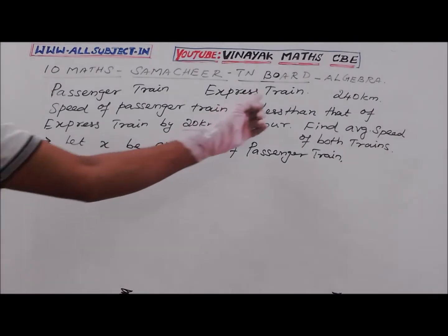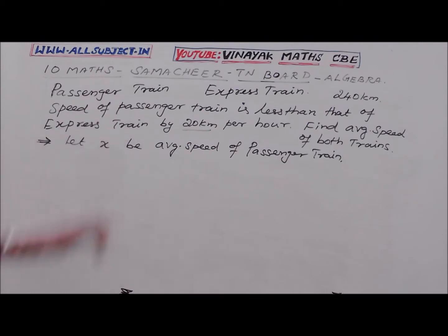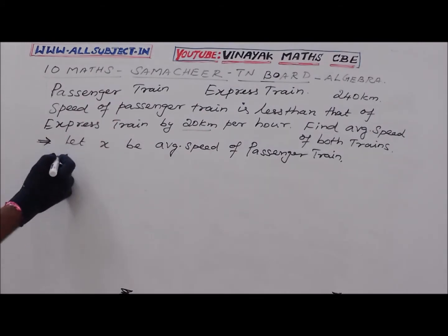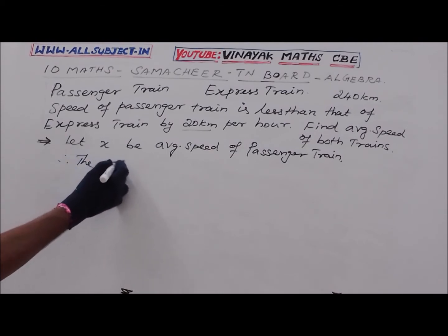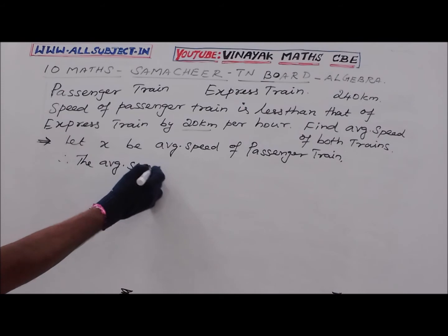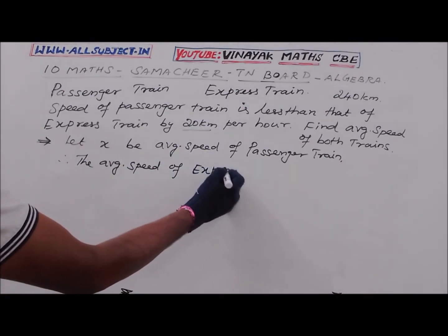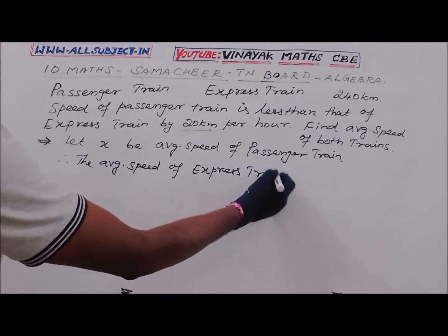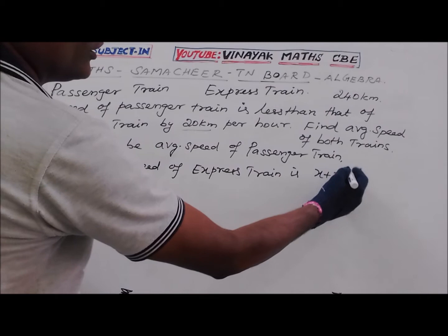And the express train is 20 km per hour faster than the passenger train. Therefore, the average speed of the express train is x plus 20 km per hour.